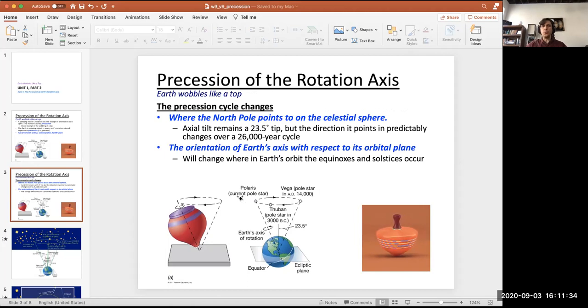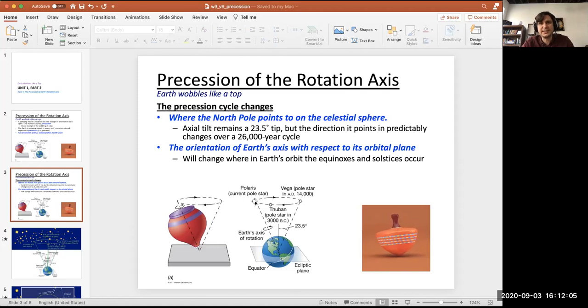All right, so what is really changing as the Earth precesses? There are two main things that we're going to talk about. It's going to change where the North Pole points to on the celestial sphere. So right now it points towards Polaris. It will point towards different stars in the future, and it's pointed to different stars in the past. That cycle of it pointing, say we start at Polaris, wobbling around, pointing at different parts of the celestial sphere, and then coming back to point at Polaris again, takes 26,000 years.